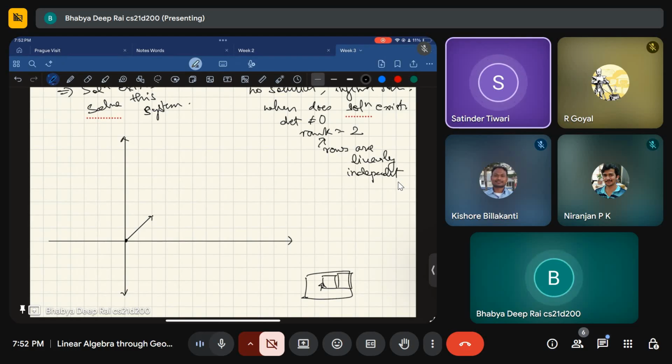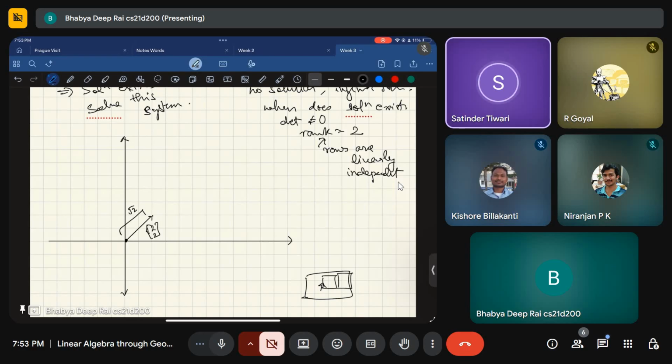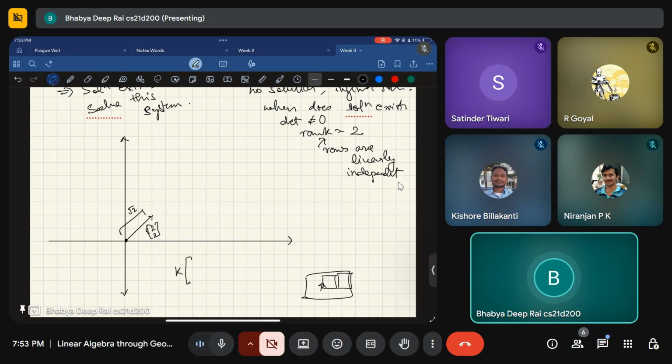Instead, what I'm saying is, if this is your vector, (2, 2), it has a particular length. Let's say its length is something like root 2. When you say k times (2, 2), it simply means I'm extending it by a factor of k times root 2 in the same direction.